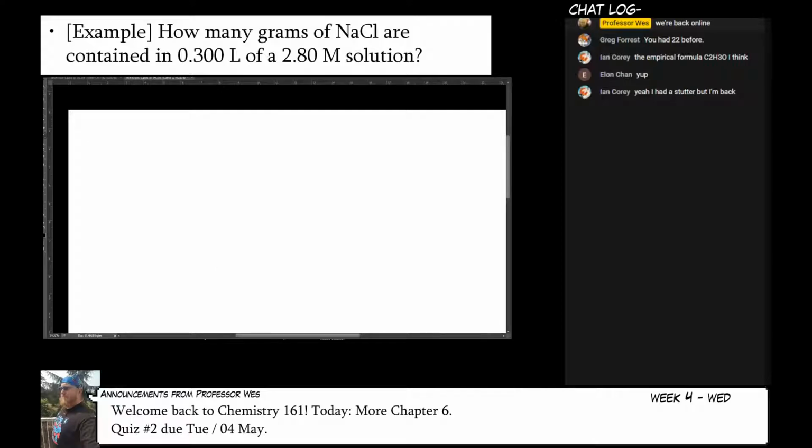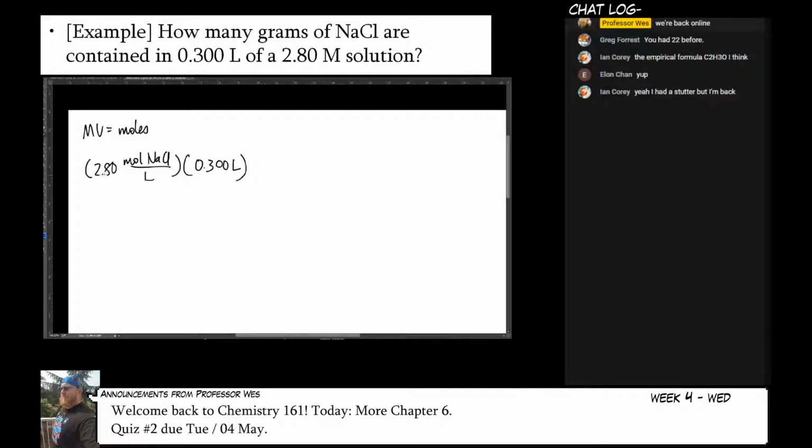All right, so remember that MV equals moles. And so if I multiply my molarity and my volume together, that would tell me the number of moles of NaCl.